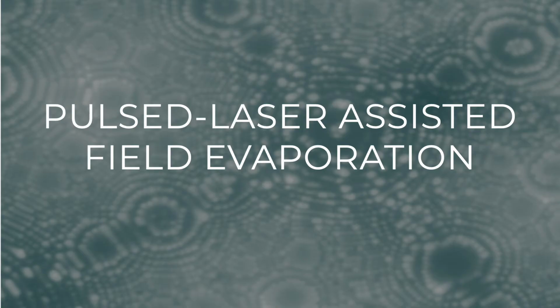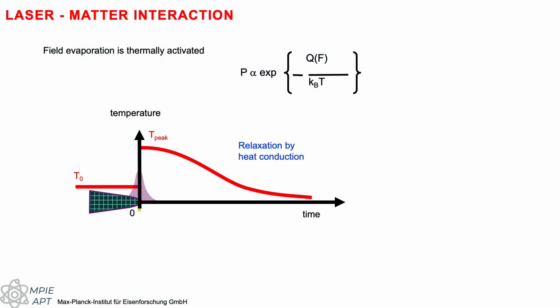The other way to pulse is to use laser pulsing and hence to increase the temperature for a short amount of time. So how does that work? If I take a sharp needle and I send a laser pulse, again the probability of field evaporation will be increased if I increase the temperature.